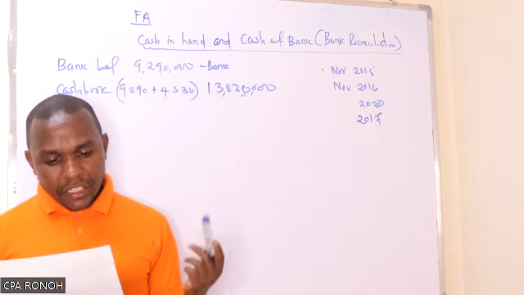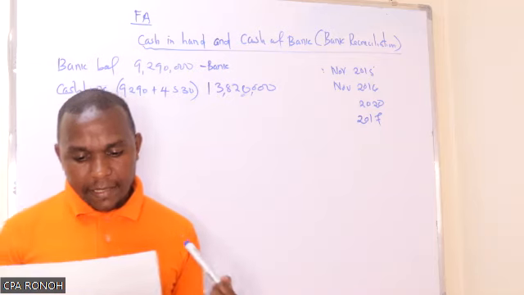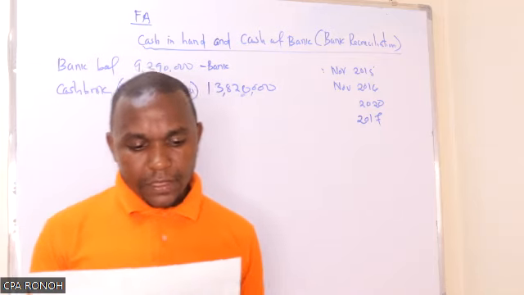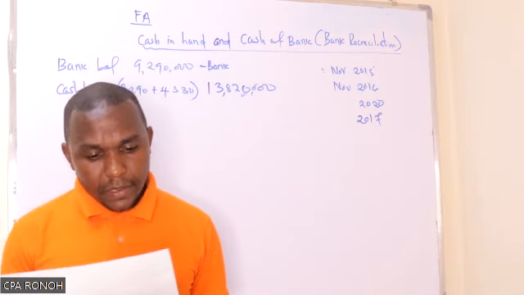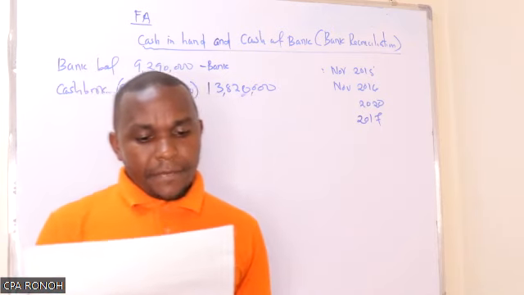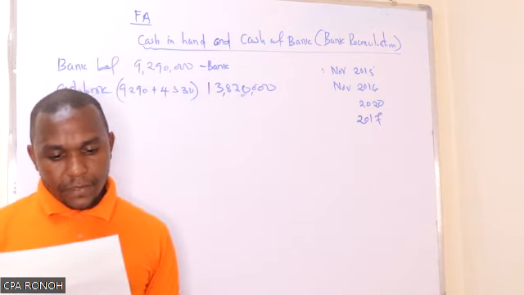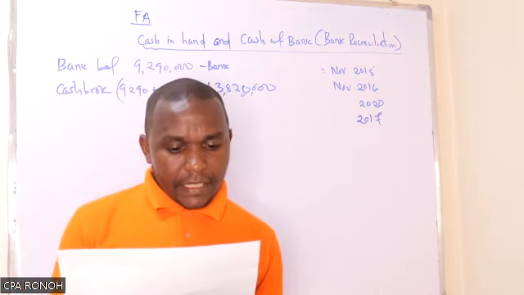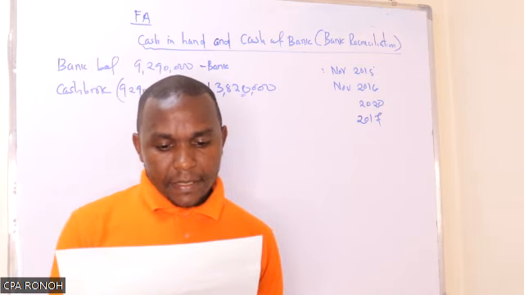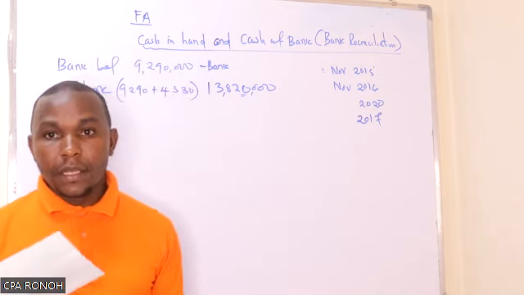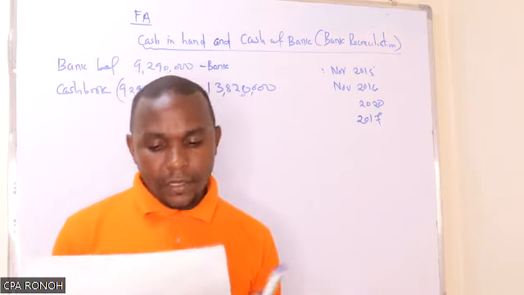But number 6: checks issued to suppliers but not yet presented to the bank as at 1st October 2015, that one is the unpresented check. Number 7: bank charges amounting to 484,000. Number 8: a check from a debtor for an amount of 1.446 was returned by the bank as the account was closed. That one is the dishonored check.